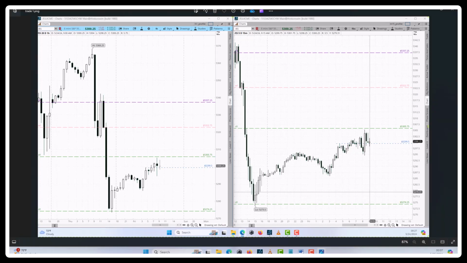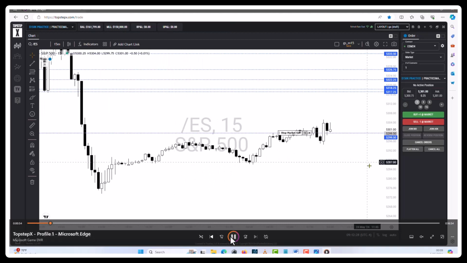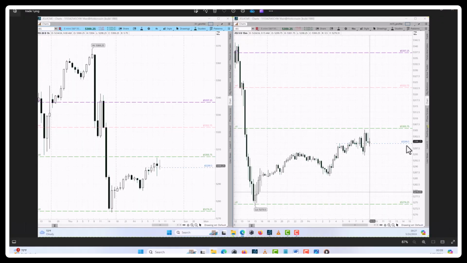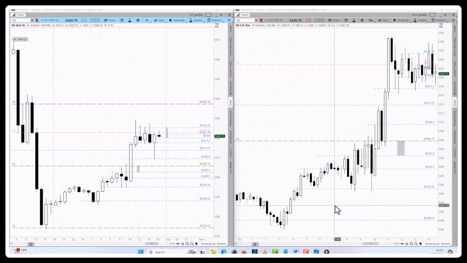Let's look at the recording. Alright, here's the recording of the trade we take. So we put in a sell stop right there at 99.50, right here.